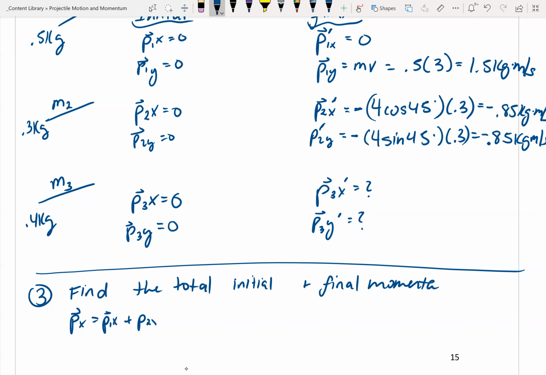If we add P2x with that, that's still 0, and P3x, that's 0. Same thing with our y, because initially we started at rest. So P1y plus P2y plus P3y are 0. So that was our initial momenta in the x and y component.